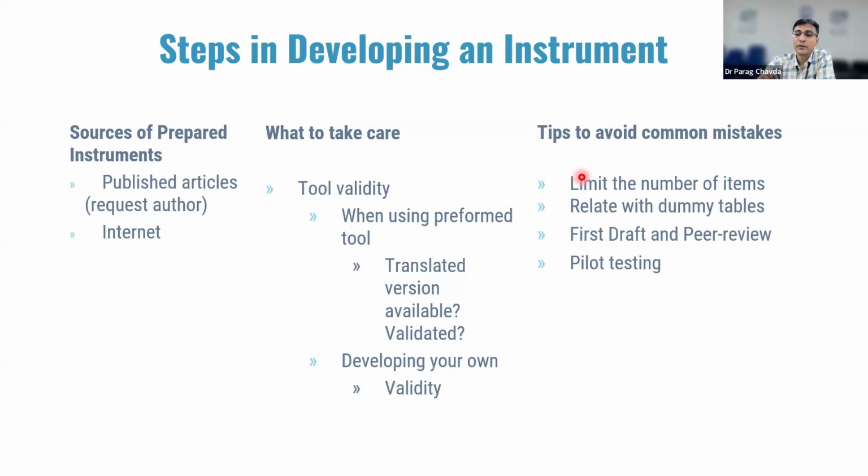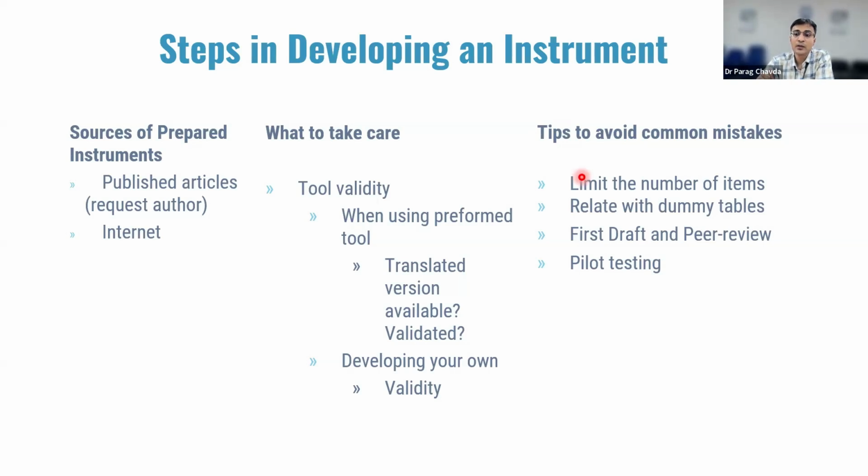Relate with dummy tables. The next week's sessions are going to talk about how we create dummy tables, which means that when we publish our results in the form of a report or publication, our results would be in tabular form. So right now, at the proposal writing stage itself, we'll try and imagine how our tables would look. We call them dummy tables because we don't have the data right now, but we still have the framework, the skeleton and outline of how our tables would look, right?